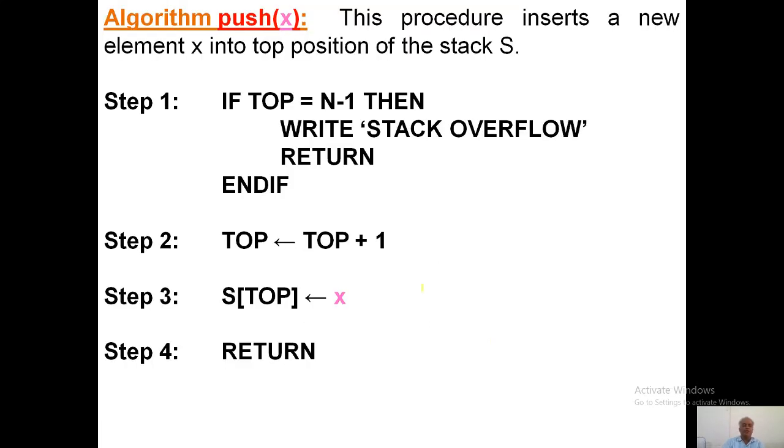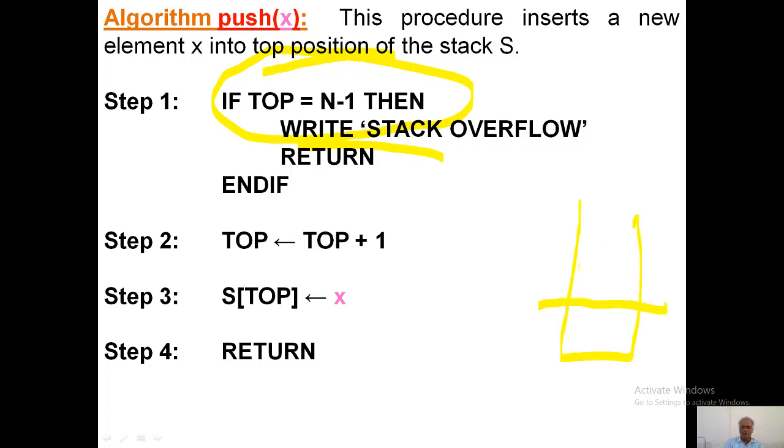So let's look at the algorithm of push. How are you going to insert values using a procedure? If top equal to n minus 1, then stack is overflow. What does n minus 1 mean? Let us look at this stack: it has three locations, numbered 0, 1, 2.